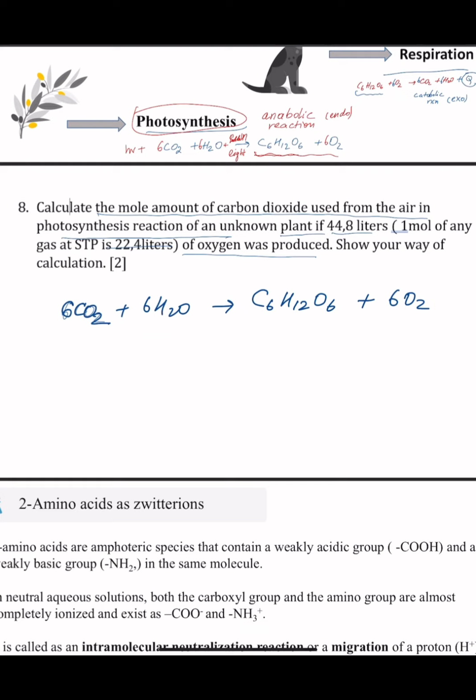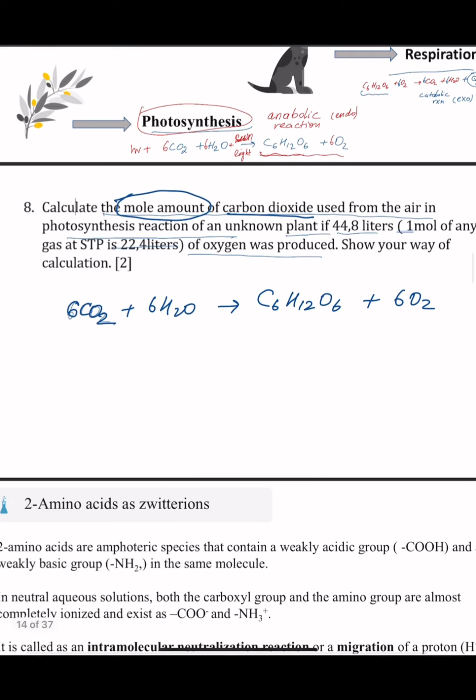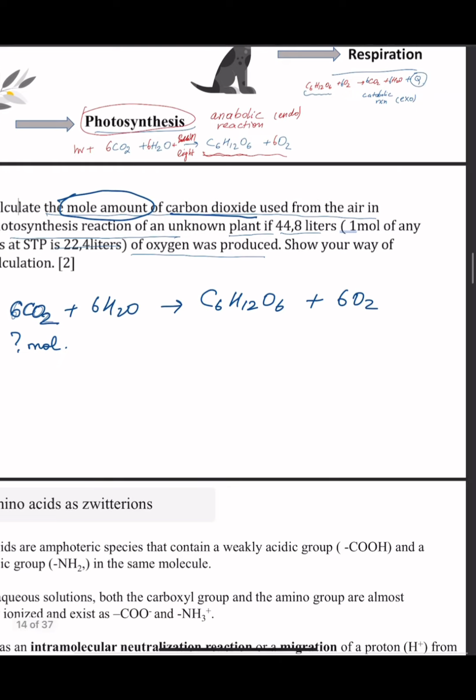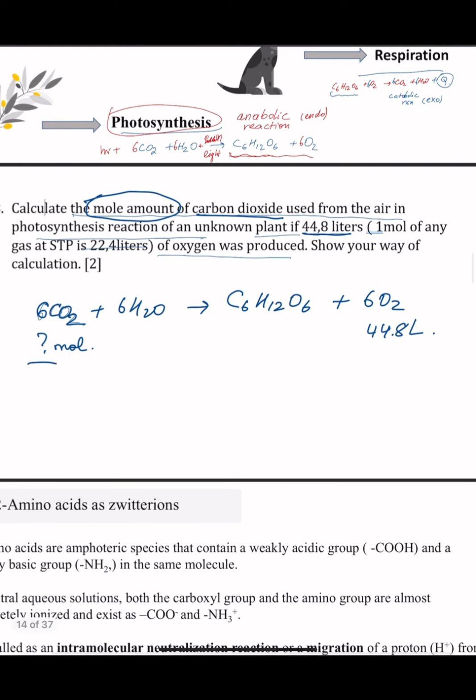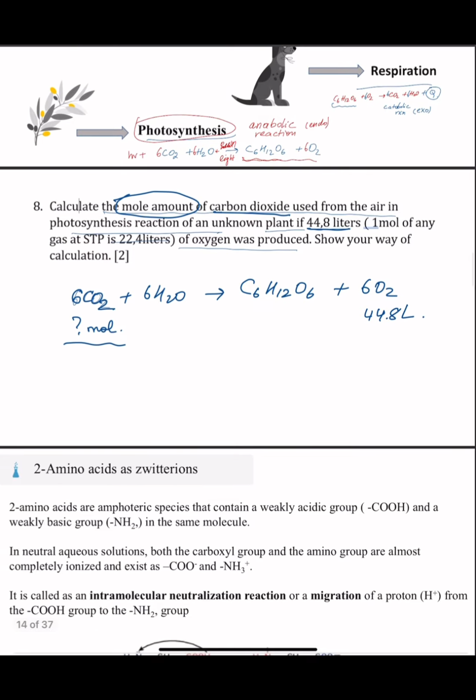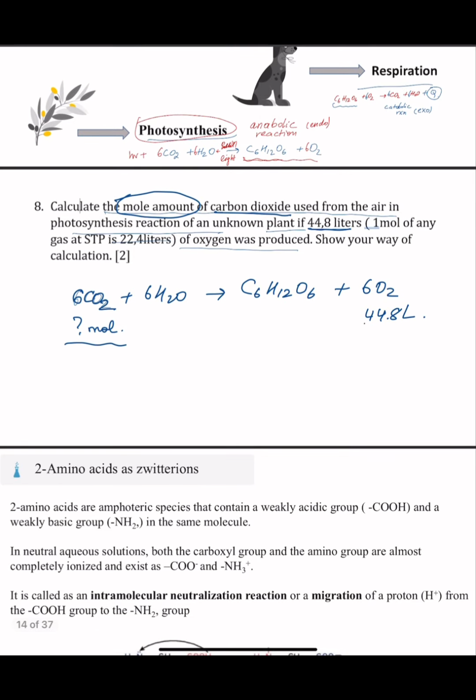Calculate the mole amount. You see it's asking the mole amount of carbon dioxide. So it is asking how many moles of this. Okay, let's write this in here. If you know that 44.8 liters of oxygen is produced, how many moles is that? Okay, we're asked about that. So first of all, let's find out how many moles is 44.8 liters.